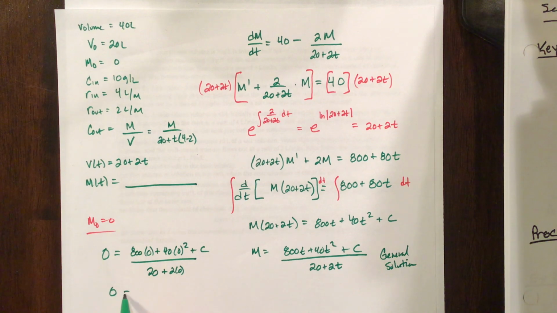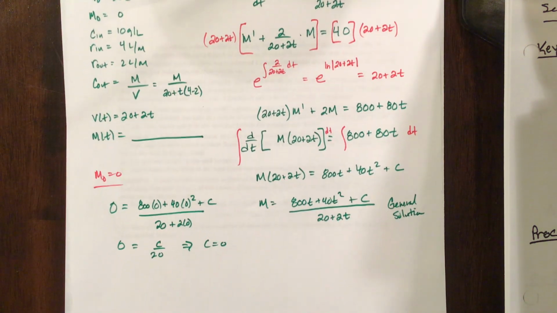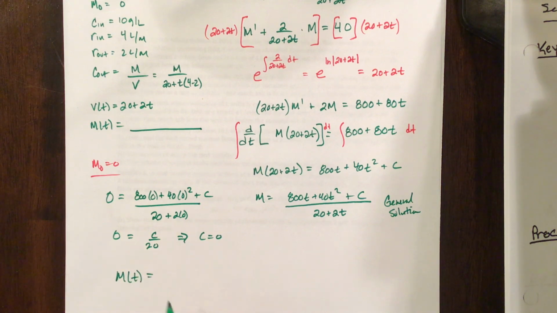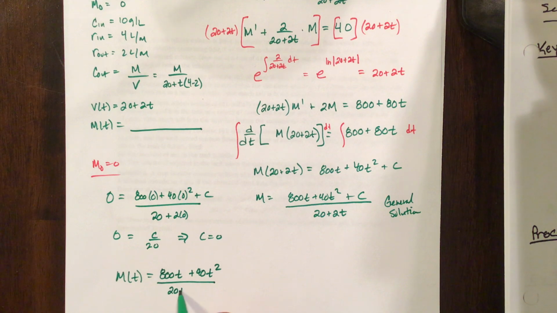So 0 equals c over 20. So c is equal to 0. All right. So the solution to the initial value problem that we're looking at is 800t plus 40t squared over 20 plus 2t. There you go.